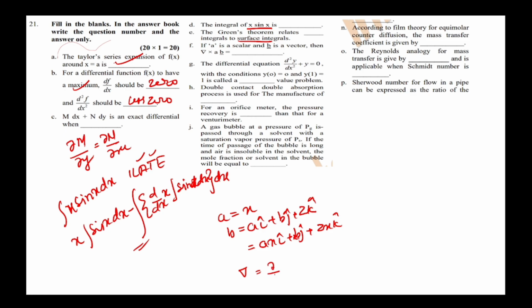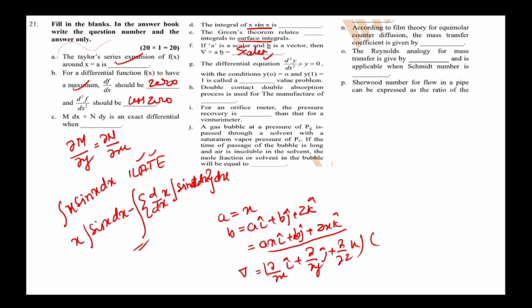So del by del x i plus del by del y j plus del by del z k into this whole quantity. So i dot i becomes 1, so it will be a scalar quantity. Okay, so scalar.